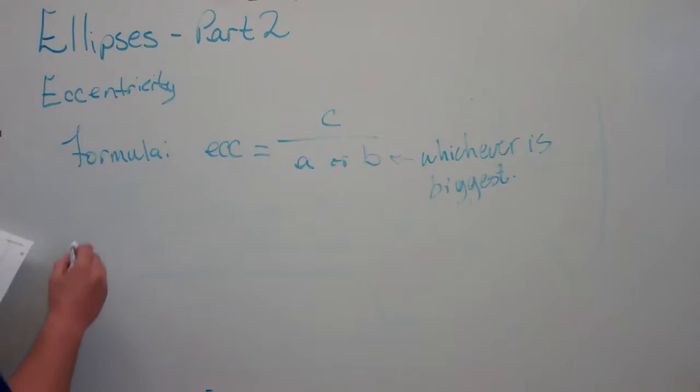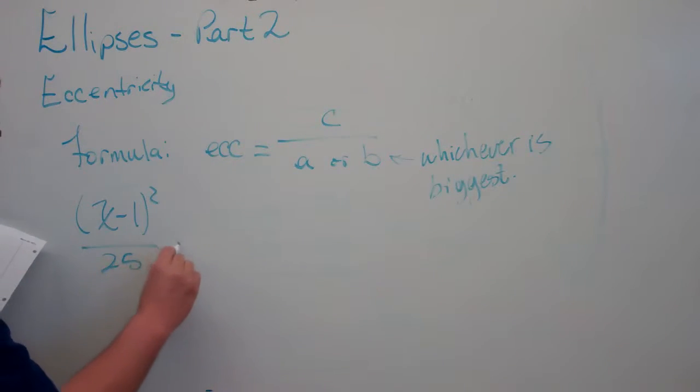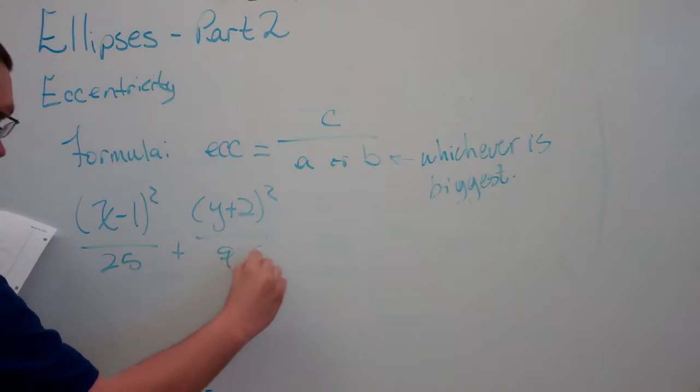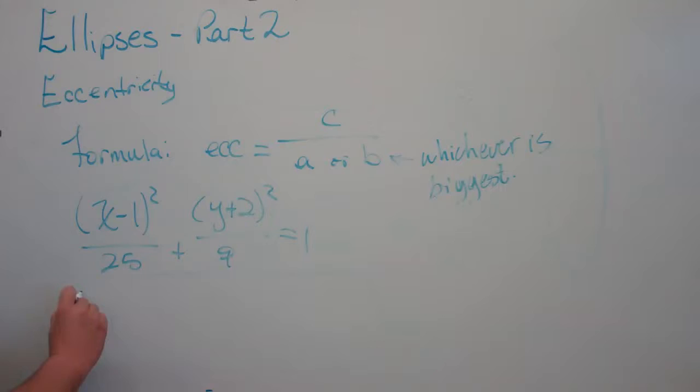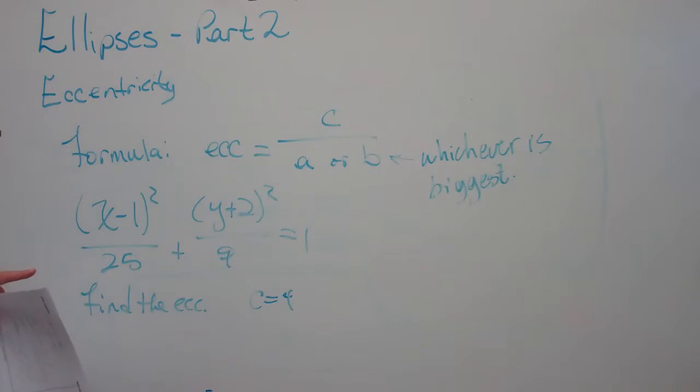So let's look at a problem real quick. All we want to do is find the eccentricity. So the first thing we have to do is find C. I did this problem earlier, and if you remember, C equaled 4. This is the very first equation I did.